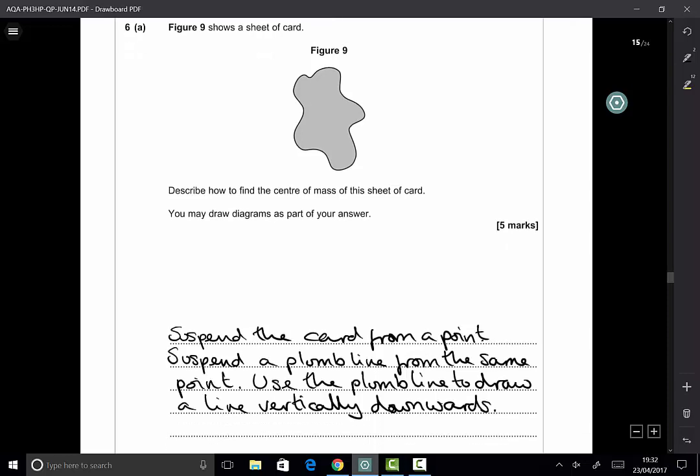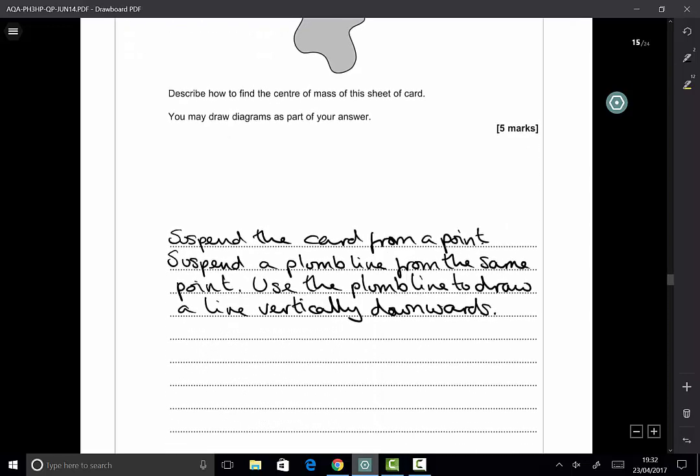We then want to suspend the card from a second point. And we're going to draw another line, again vertically downwards.